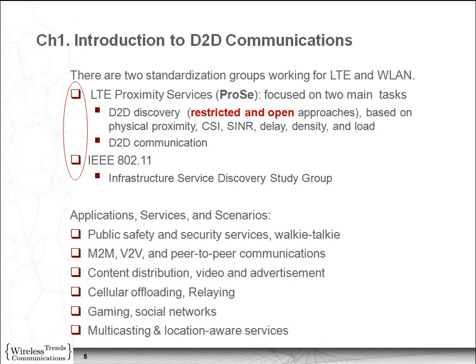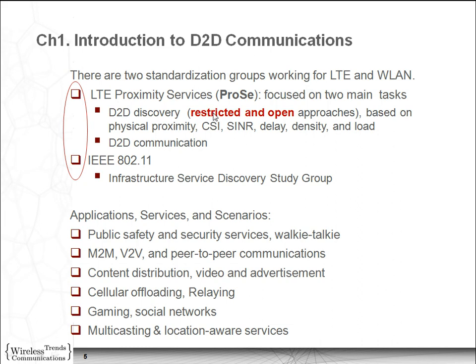So the interesting thing here to say is that device to device is known or defined by 3GPP as proximity services. So the idea here is that we want to perform different tasks, and 3GPP has two different groups devoted to develop these two main tasks. The first one is the discovery process, and mainly it can be restricted or can be open.